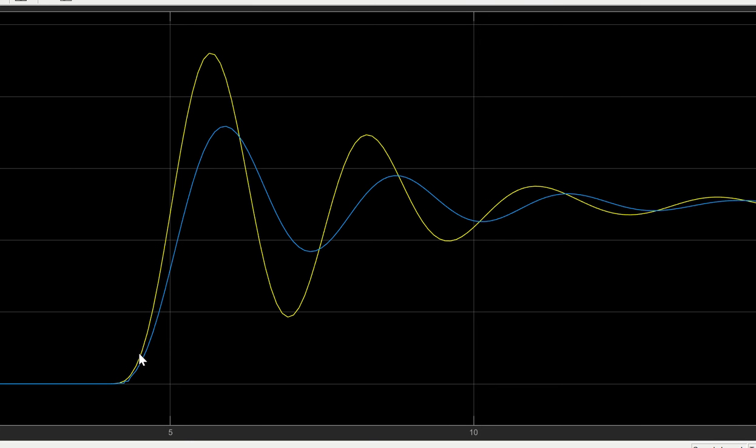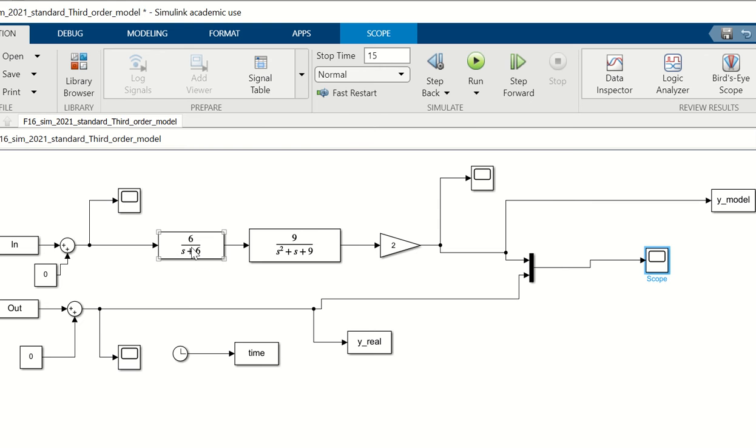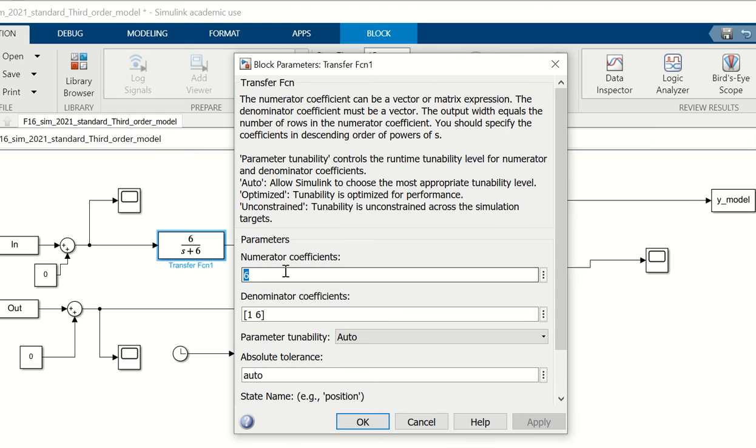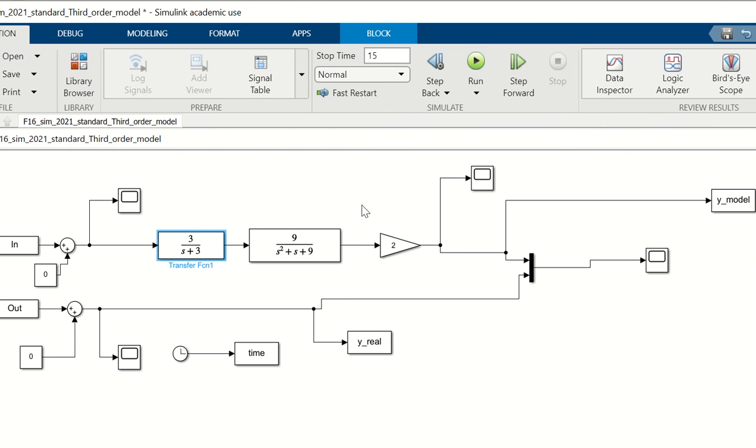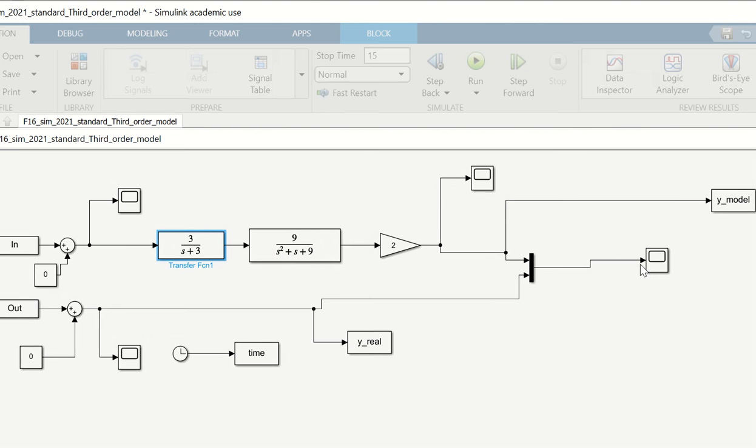And this time, well, it slowed it down a bit, but not much. Let's try and go down to, let's go to 3, shall we? Run that.